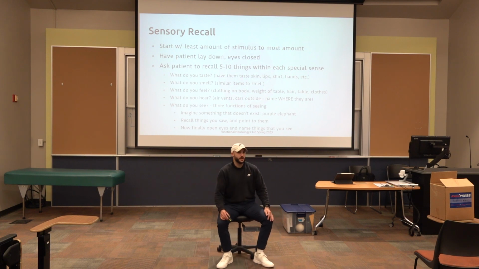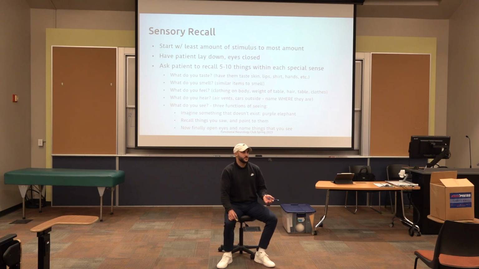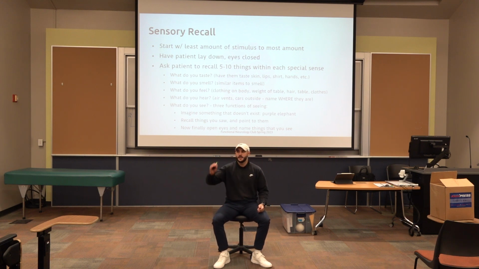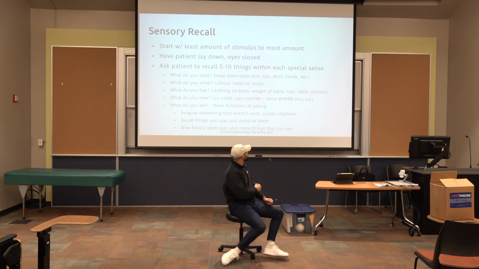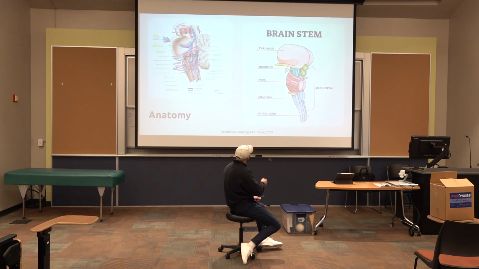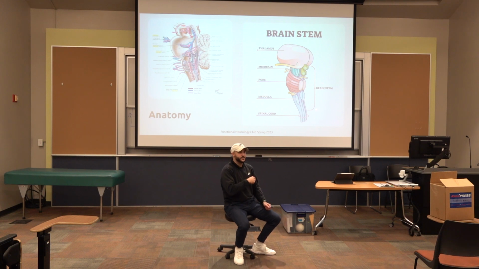What you do is you basically attempt to isolate the senses. You're going to have that patient identify each sense one at a time to bring attention to and activation to this brainstem, which houses our respiratory centers, our cardiovascular centers, and everything in between, our vagus nerve.